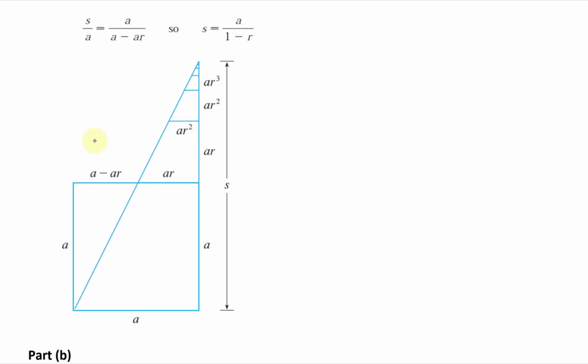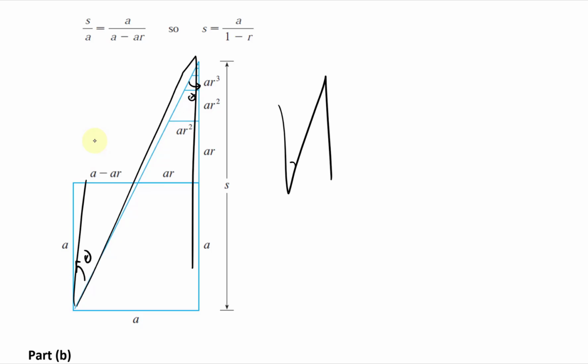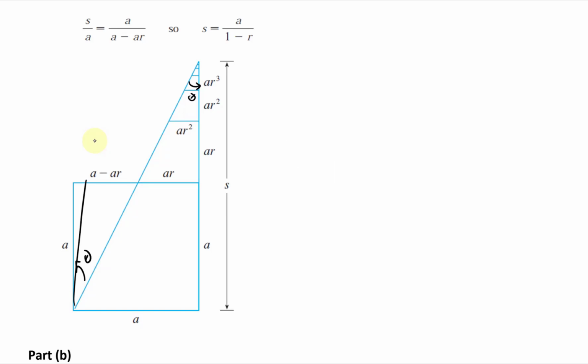This angle right here is the same as this one right here, using our similar triangle setup, because this goes like this and just straight down like that. These are exactly the same angle, so the ratios are going to be the same.